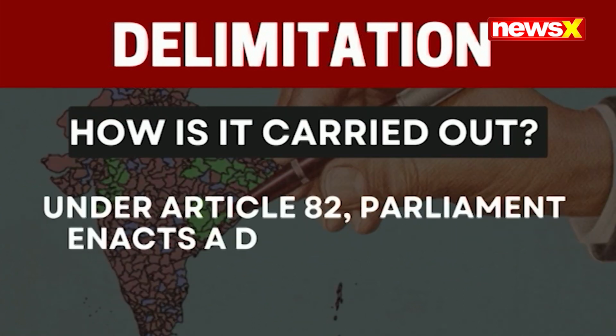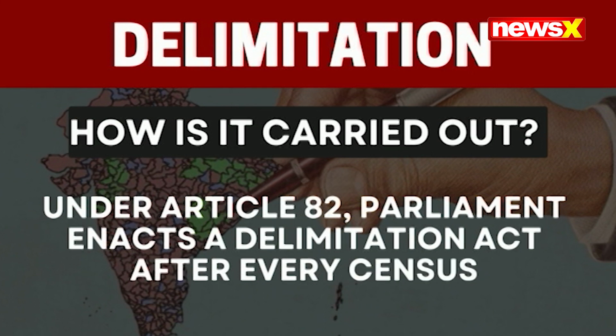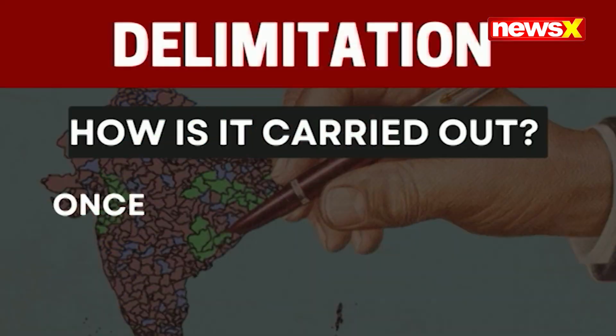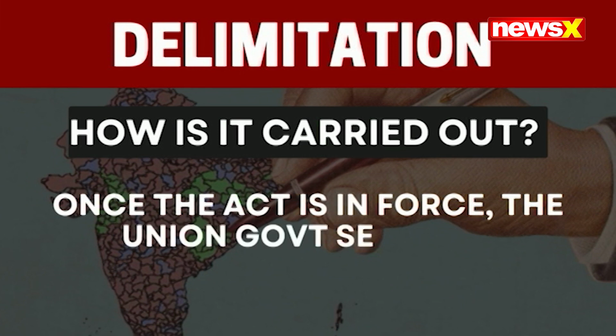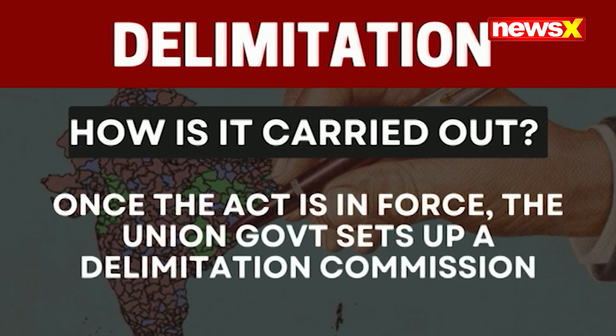How is this process actually carried out? Now, this process is governed under Article 82 and the Parliament enacts a delimitation act after every census. Now, once the act is in force, the union government sets up something known as a delimitation commission. Now, delimitation, we also need to understand how many of them have taken place.